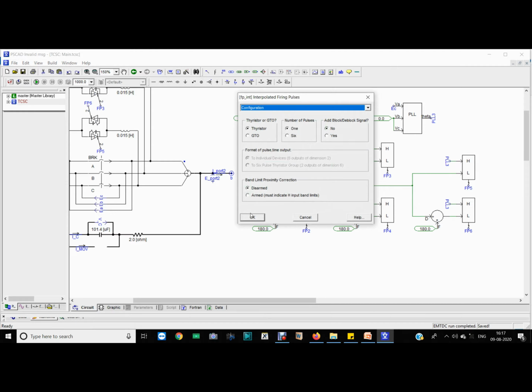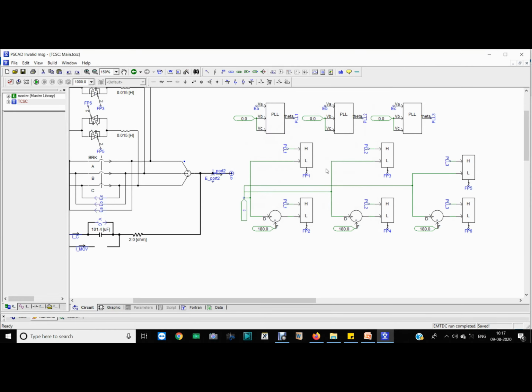Okay, now this is a comparator circuit, you can say. Means if high is greater than low, then the firing pulse will be 1.